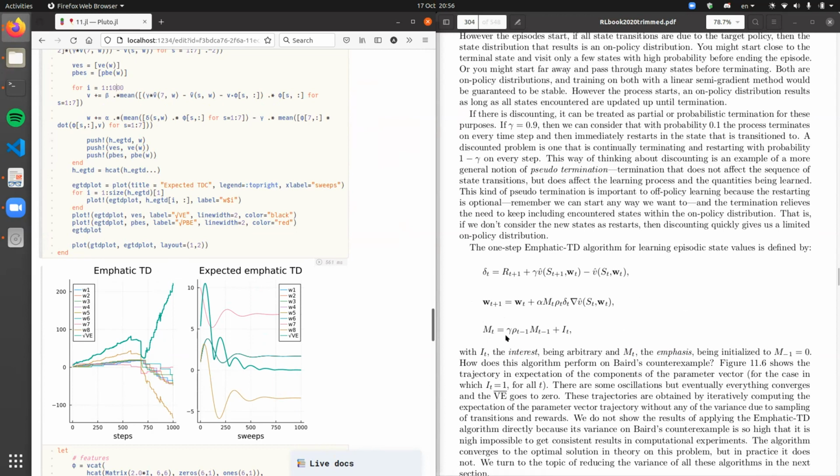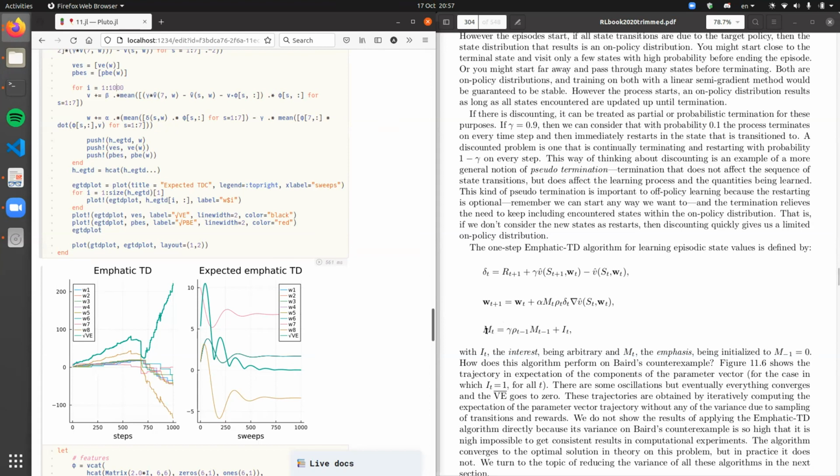So imagine we are taking actions that are probable under our target policy, then the importance sampling ratio will be greater than 1, and the emphasis will increase. On the other hand, if we have taken an action that has 0 probability under the target policy, we will have a 0 value for the importance sampling ratio.